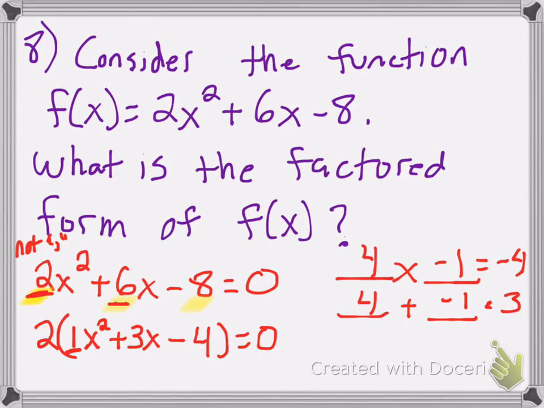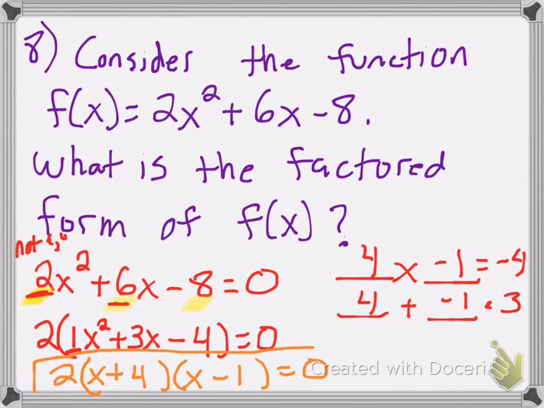So my final answer, I'm going to write this in orange, is going to be 2 parentheses. I'm going to set 2 parentheses up. The 0 really does not matter at this point. X here, plus 4, minus 1. And that, ladies and gentlemen, is my final answer.